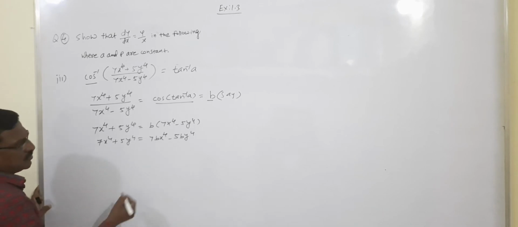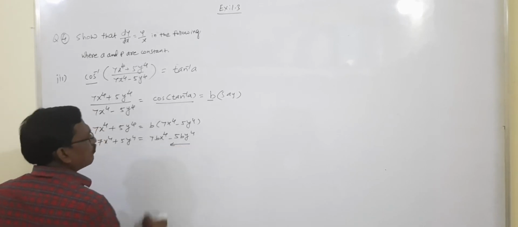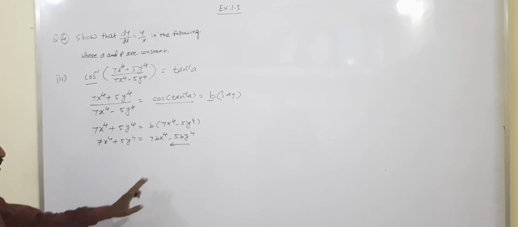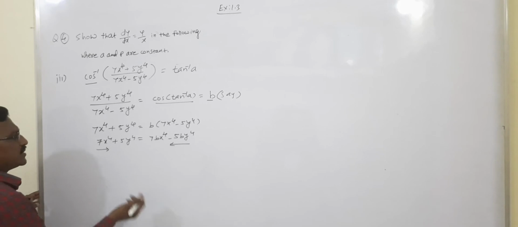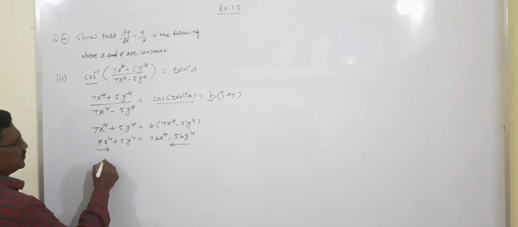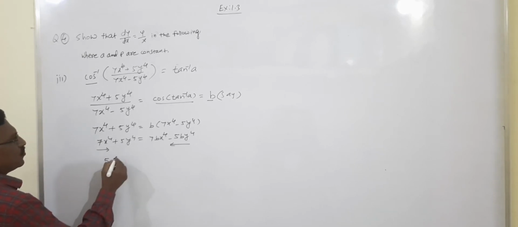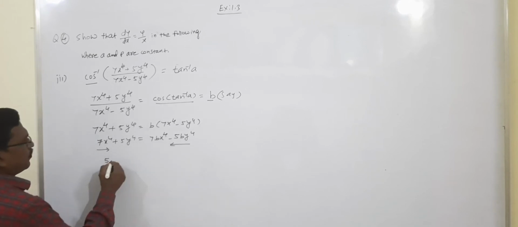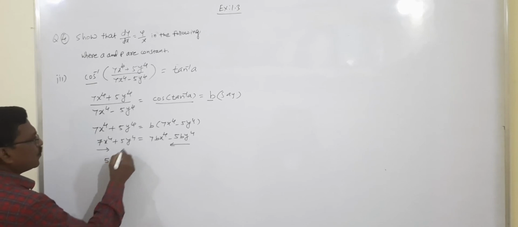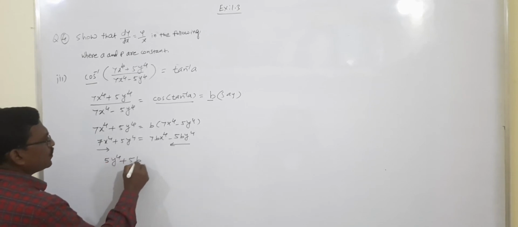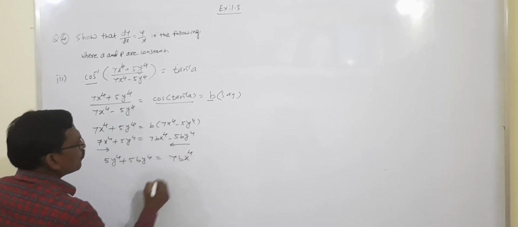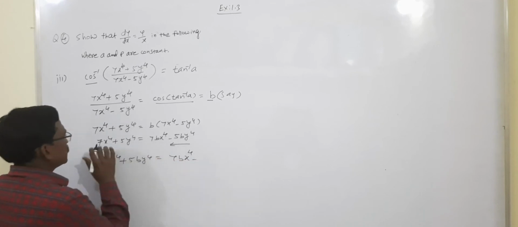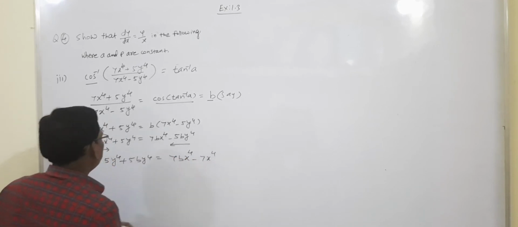Now we take this minus 5by^4 to the left hand side and this 7x^4 to the right hand side. 5y^4 plus 5by^4 is equal to 7bx^4 minus 7x^4.